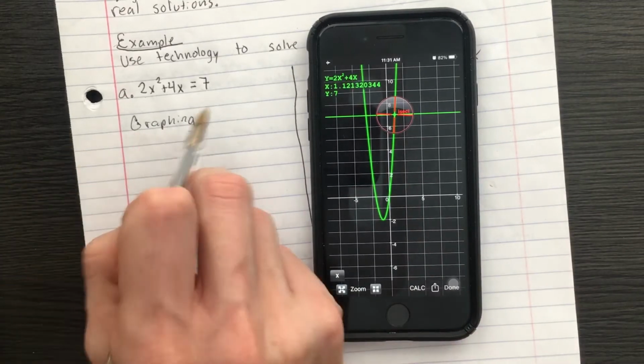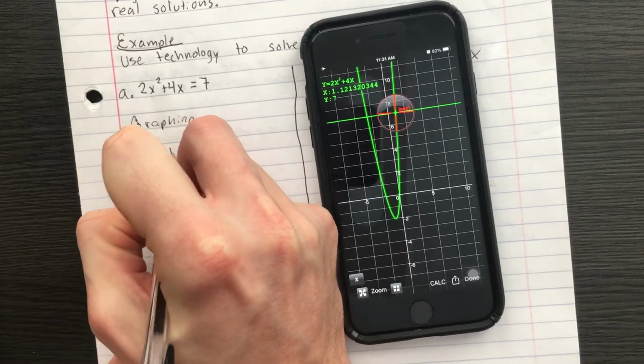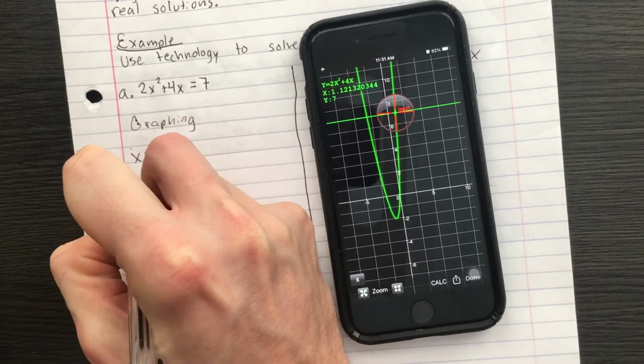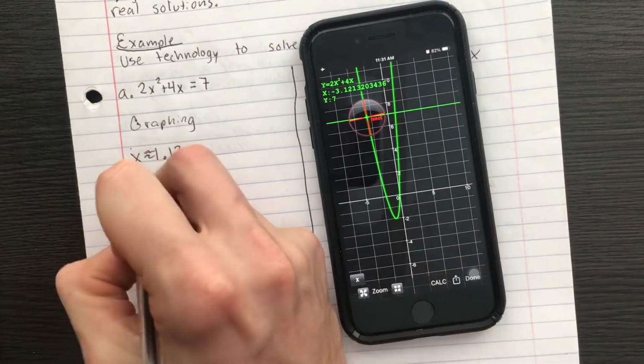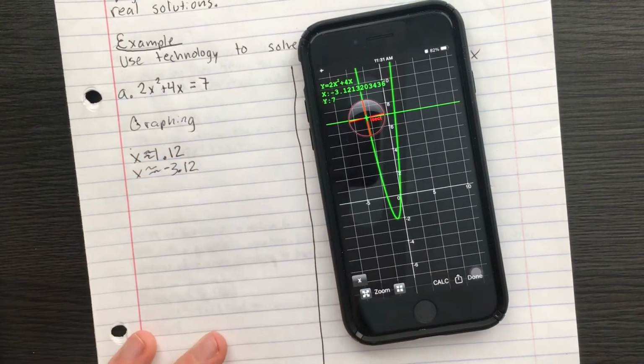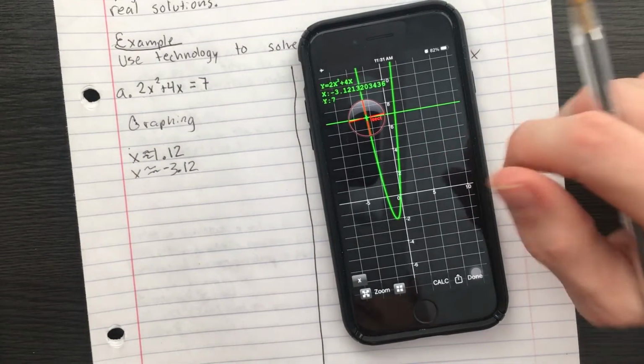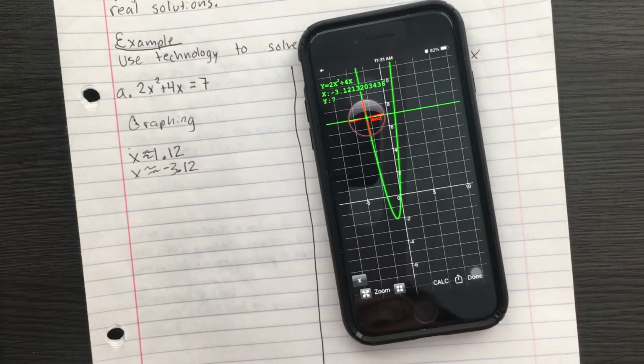So the x value is approximately 1.12, and the other x value is approximately negative 3.12.